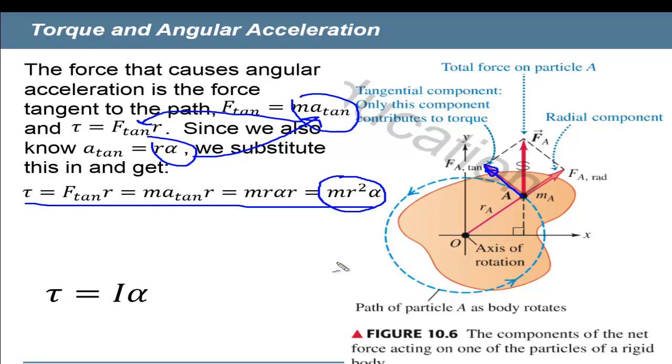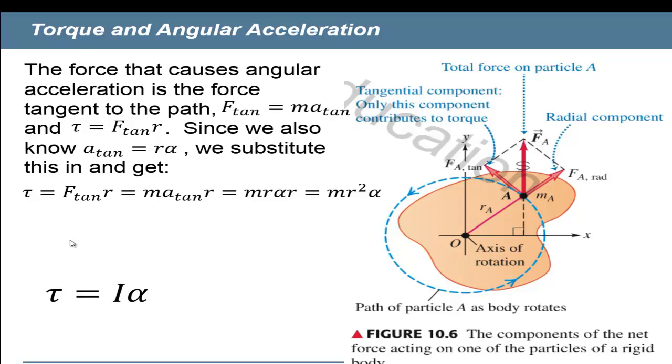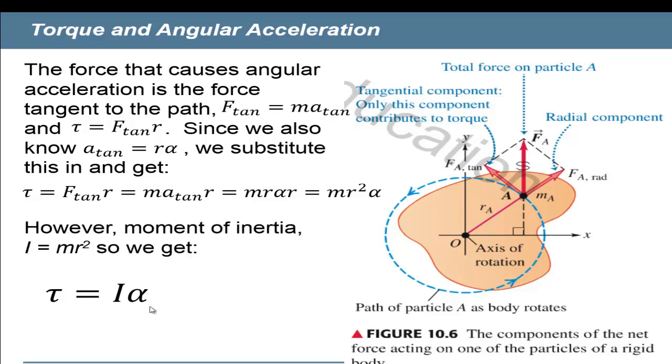But we also have that moment of inertia is m r squared, right? So this m r squared right here is actually the same as I, so we can say that the torque is actually just the moment of inertia times the angular acceleration.